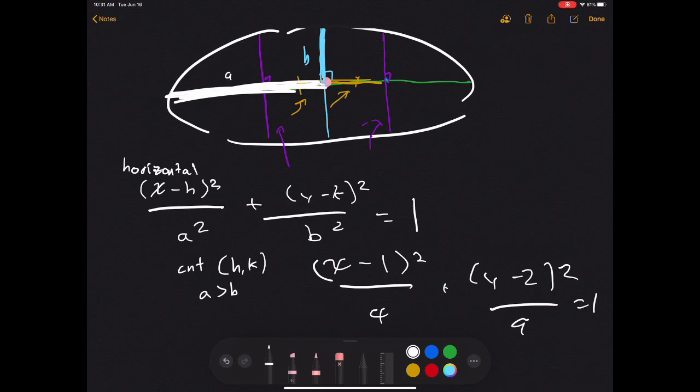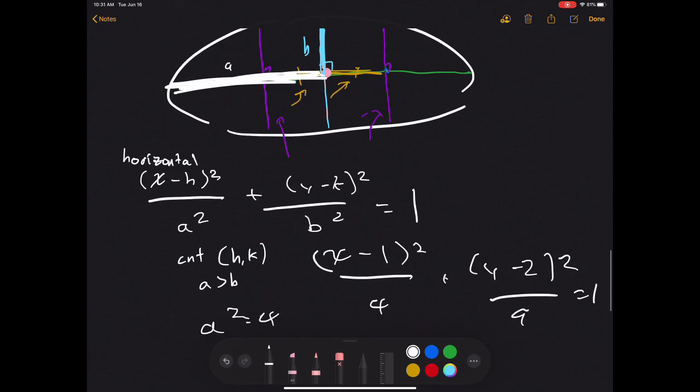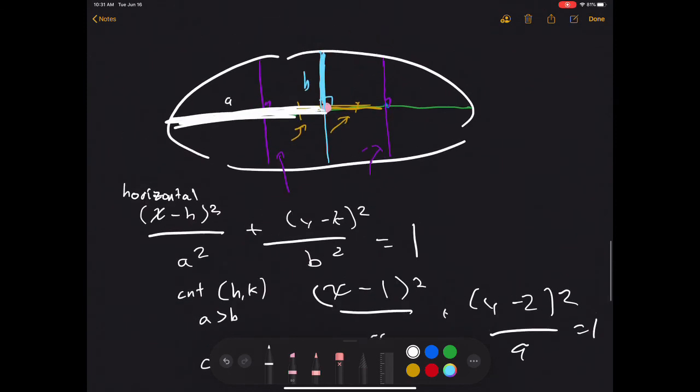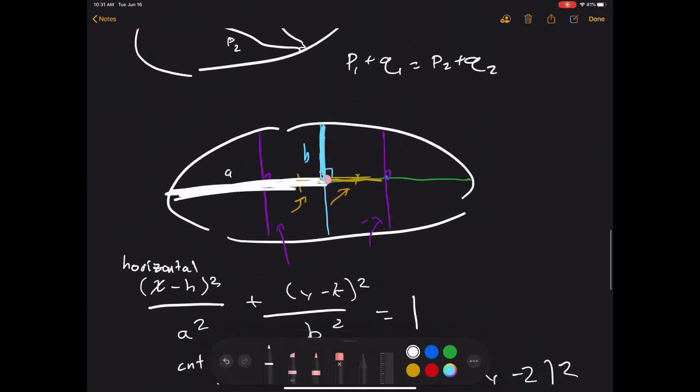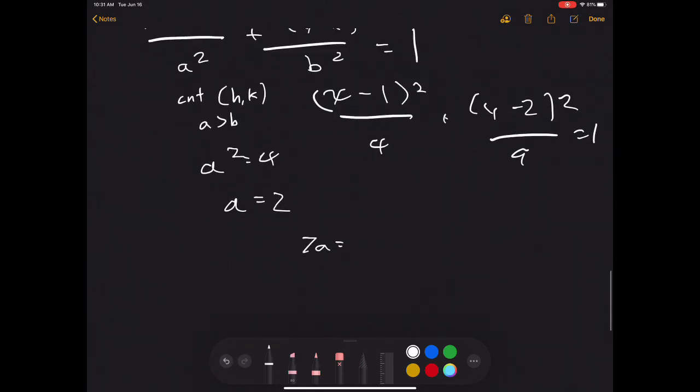If they were to say, find the length of the major axis, well, a squared would equal 4, and because a is a length, half the length of the major axis, a has to be positive. So a equals 2. So the length of the major axis consists of 2 a's. There's that a, and then there's that a. So 2a is the major axis.